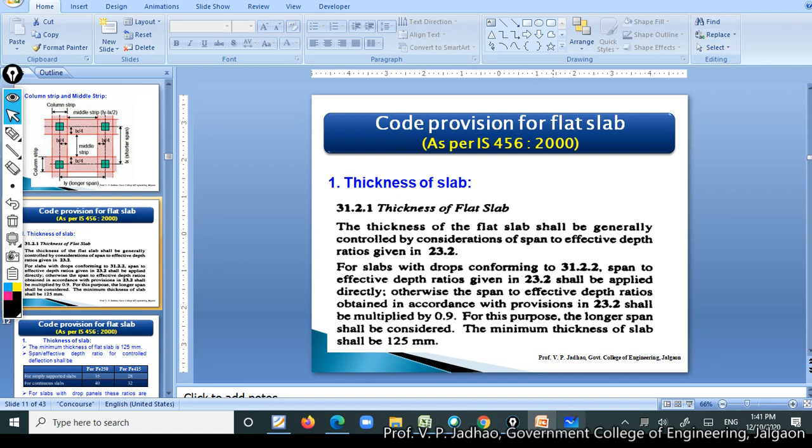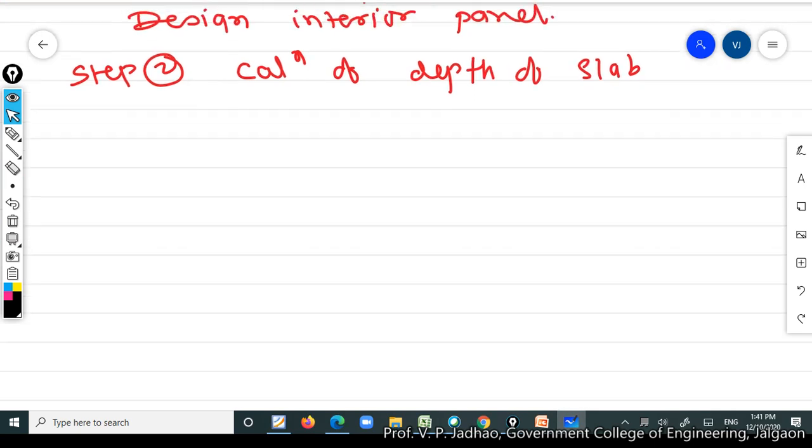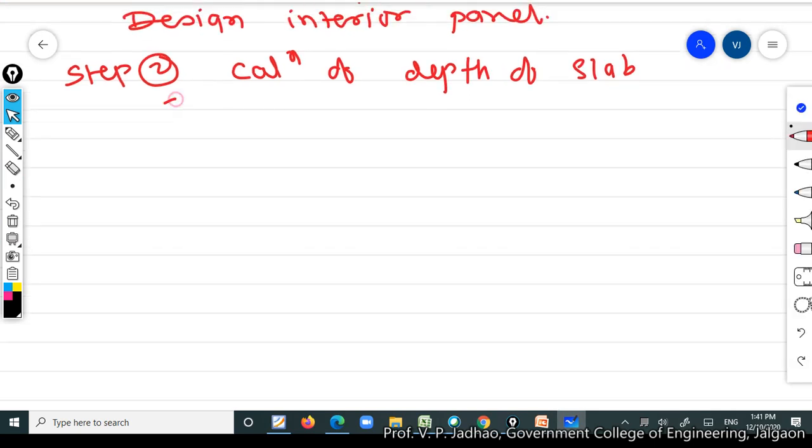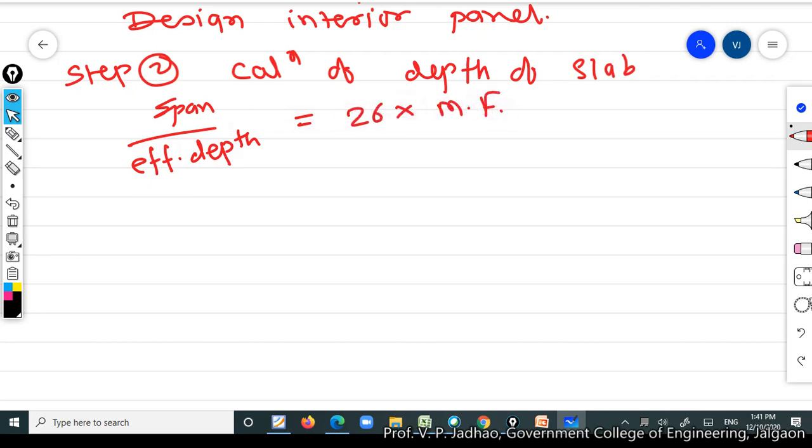This should be span upon effective depth ratio, that shall be 26 multiplied by multiplication factor. So let us consider span is L, upon effective depth d, L by d is equal to 26 multiplied by multiplication factor.